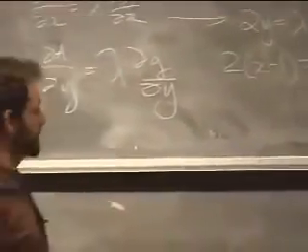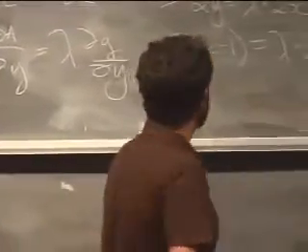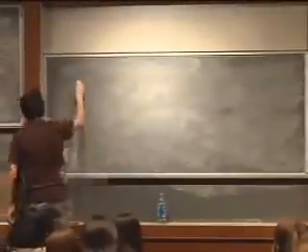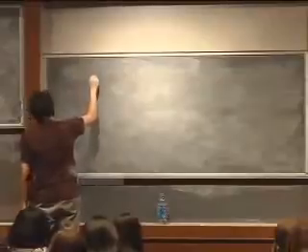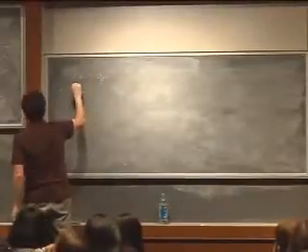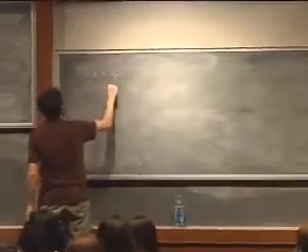So we have those two equations to deal with. The first one says that lambda x equals y, and the second one says that lambda y equals x minus 1, and we have to solve these simultaneously.